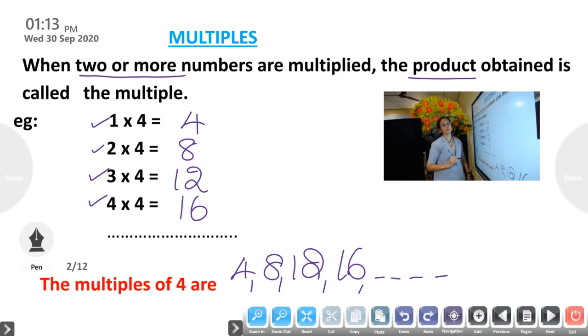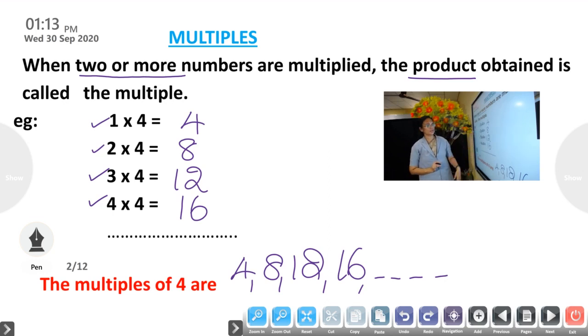And the fourth multiple of 4 is 4 into 4, 16, etc. It goes on. So, to get the first multiple of a number, multiply by 1. To get the second multiple of a number, you multiply the number by 2. To get the third multiple of a number, you multiply the number by 3, etc.